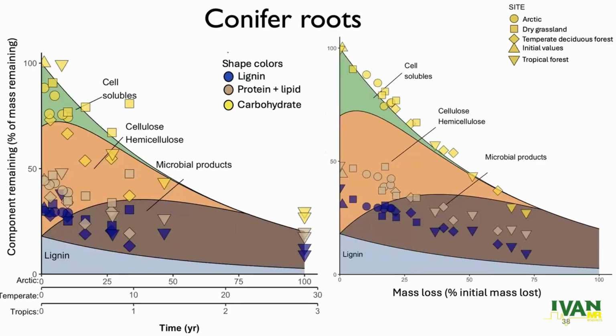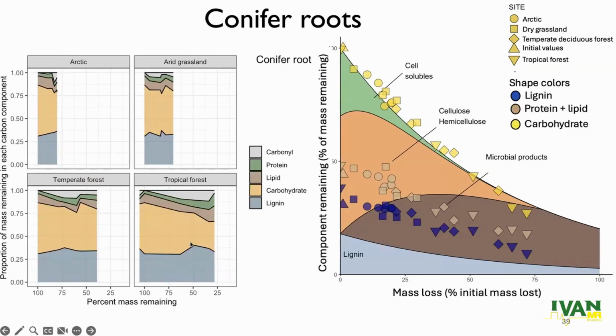Conifer roots showing maybe not as much change as the high quality stuff. So again, we have kind of the component remaining as a percent of the mass remaining over time, and then as a function of mass loss. And again, sort of the proportional values of each of those components.